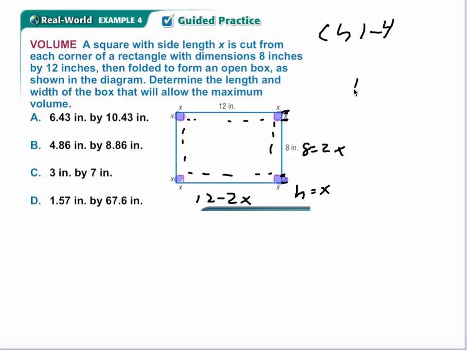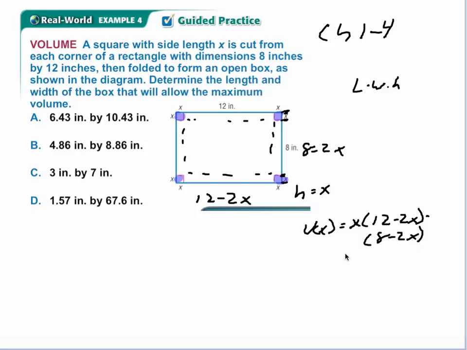So the volume is going to be length times width times height. Volume with respect to x is going to be the height of x times 12 minus 2x times 8 minus 2x.